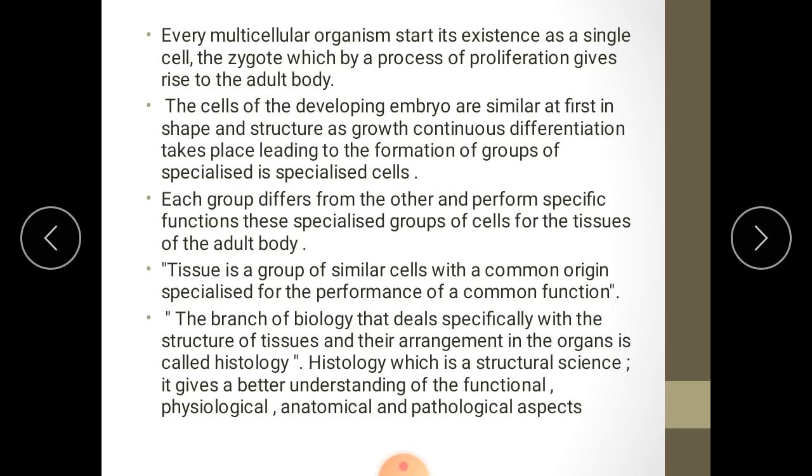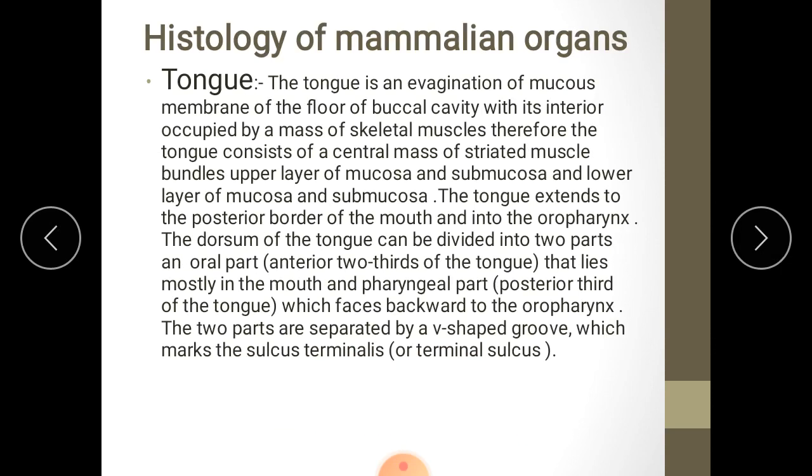Like that, their organization becomes more and more complicated as they move to higher levels of hierarchy. So histology, which is a structural science, gives a better understanding of the functional, physiological, anatomical and pathological aspects. Let us start with histology of mammalian organs.